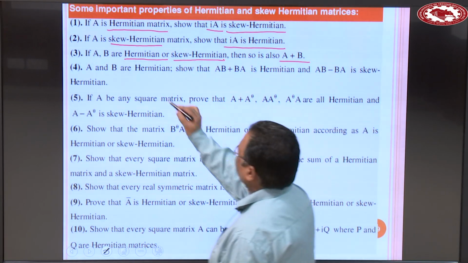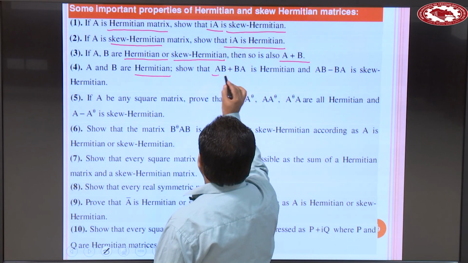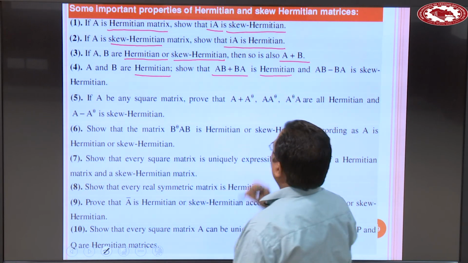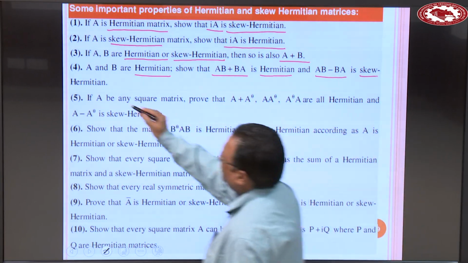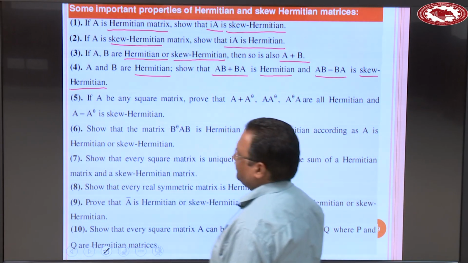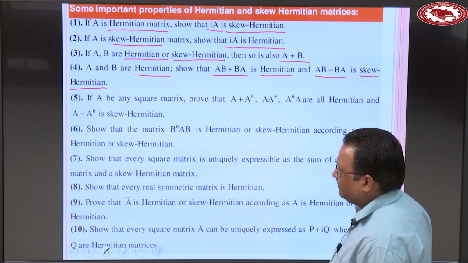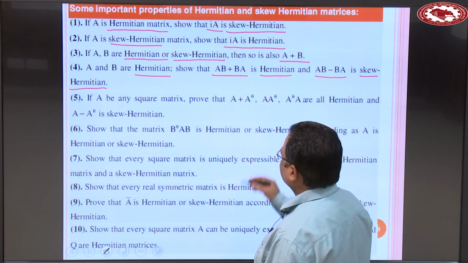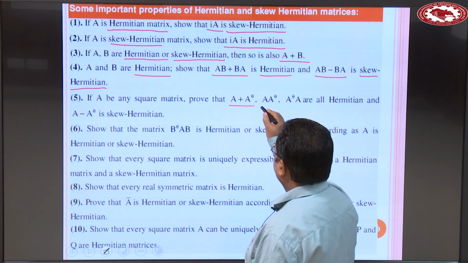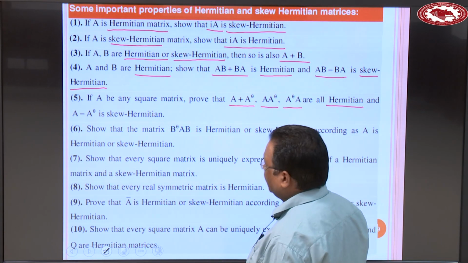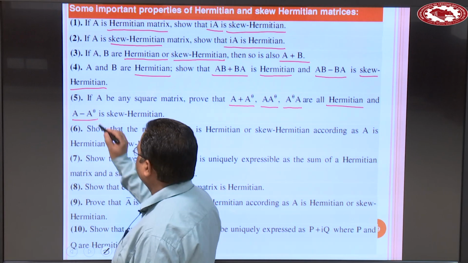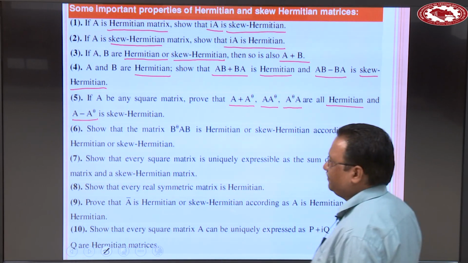If A and B are Hermitian, then AB plus BA is Hermitian, and AB minus BA is skew Hermitian. Property number 5: if A is any square matrix, then A plus A theta, A A theta, A theta A are all Hermitian, whereas A minus A theta is skew Hermitian.